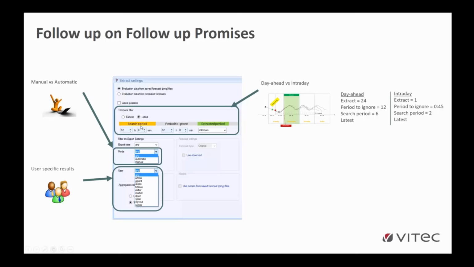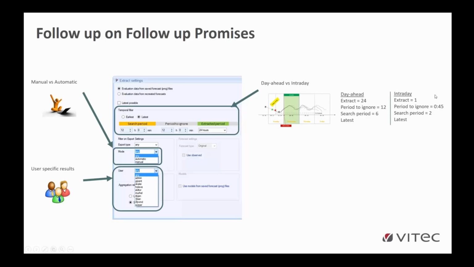Then you just take the latest possible forecast. And then for intraday, you would change the extracted period to, say, 1 hour, and then period to ignore to 45 minutes, and then a shorter search period to make sure that you have the intraday, but you can also have there the longest and then just take the latest possible made forecast.